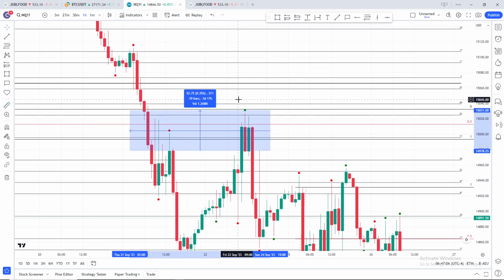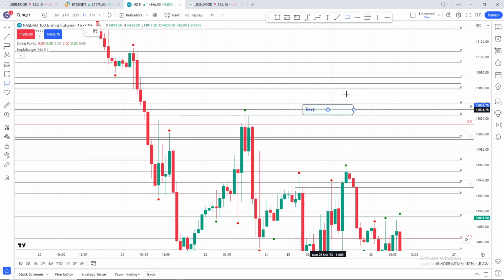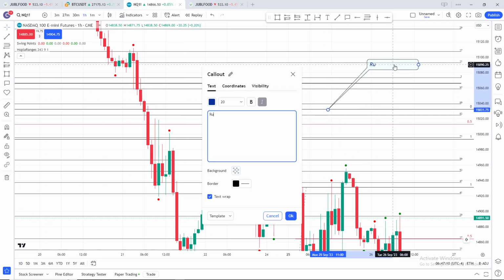All right, so let me write down the rules for you guys. Rule number one: look at the last swing high or low and rejection from a GB level.